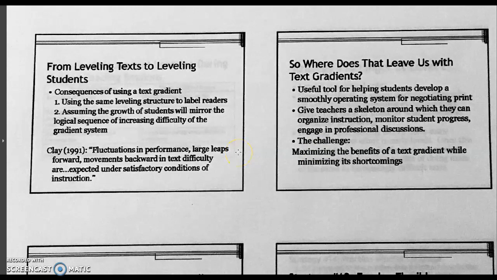So they talk about Birkins and Croft around from leveling text to leveling students, and this is a real danger. It's a consequence of using a text gradient that sometimes we just can't help. We use the same leveling structure to label kiddos. We'll say, well, Shaquan and Benjamin are both level Js, and Rita over here with Lysandra, they're actually level Ks.